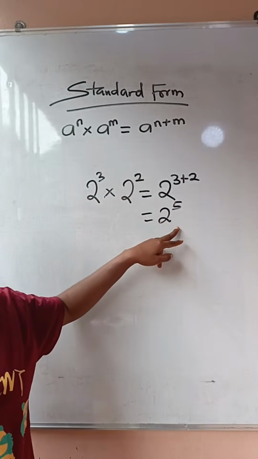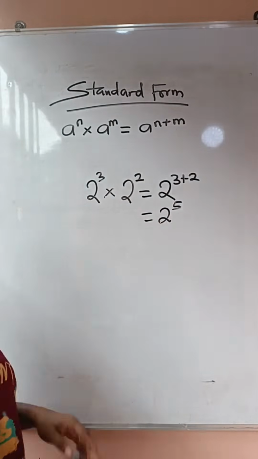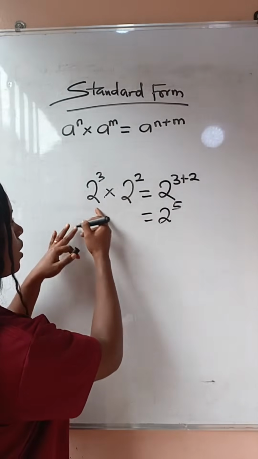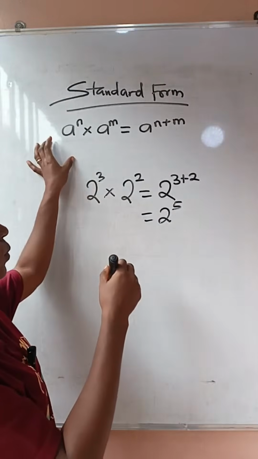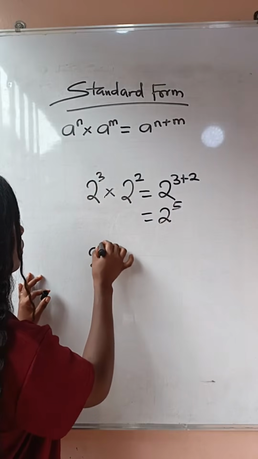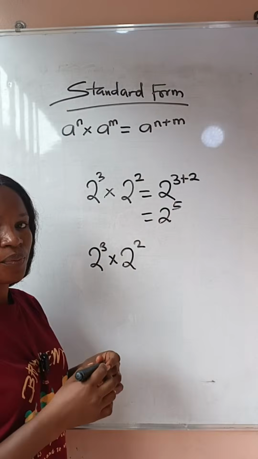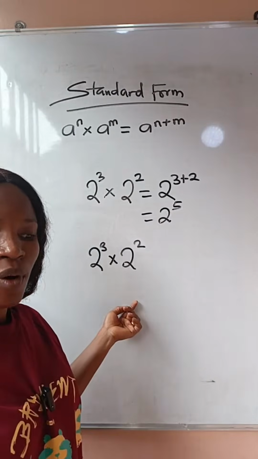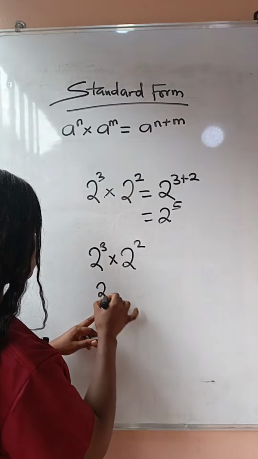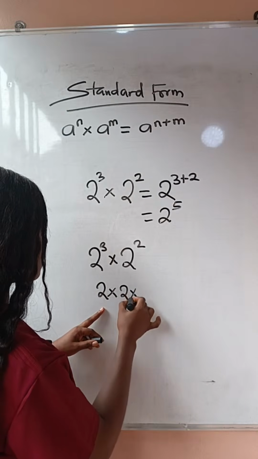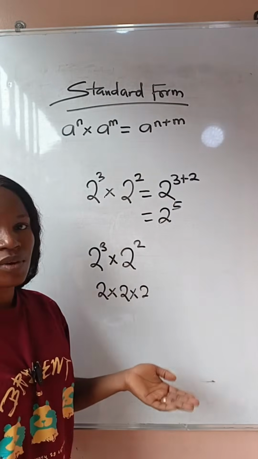So, what we are saying is this. Let's solve this without the law. If you have 2 to the power of 3 and you want to multiply it by 2 to the power of 2, now, 2 to the power of 3 simply means 2 times 2 times 2. That is the meaning.